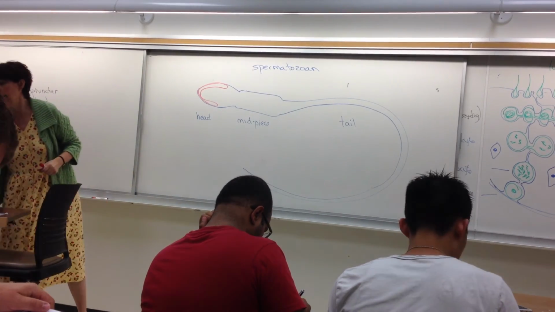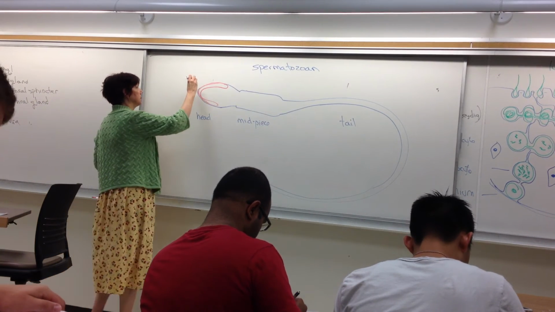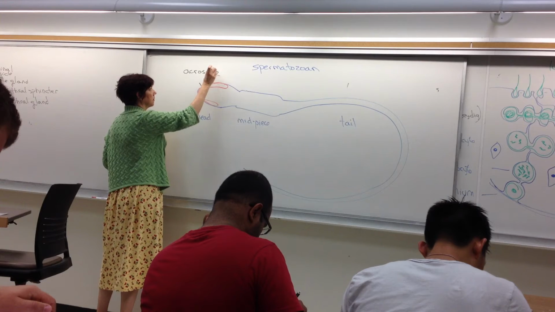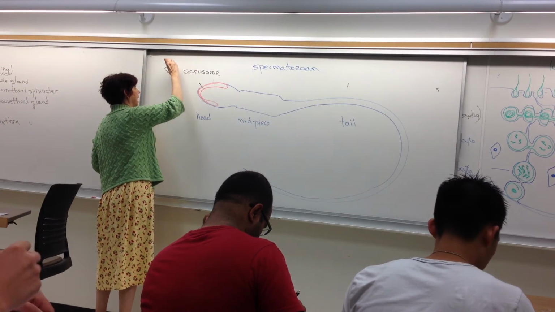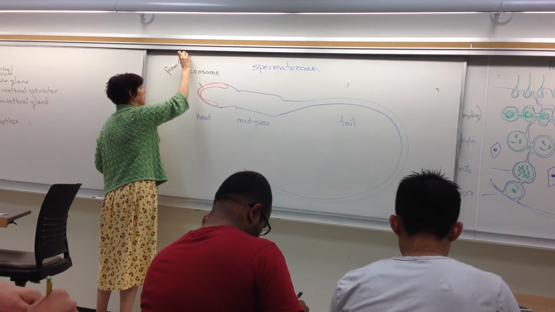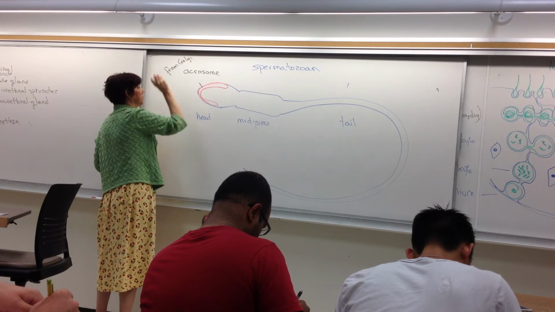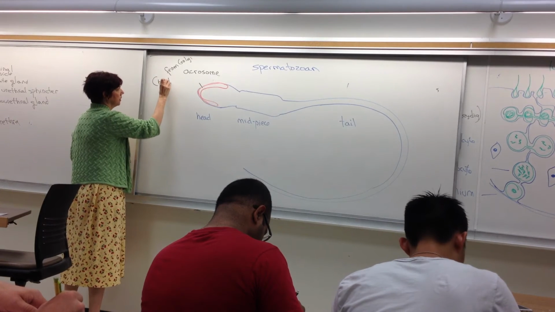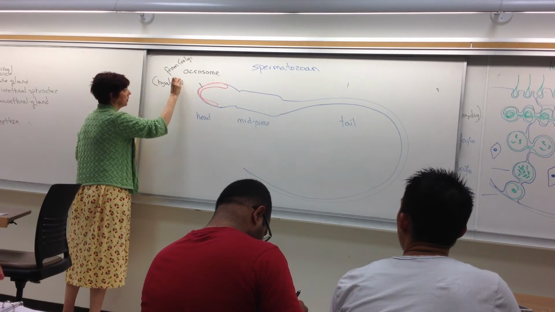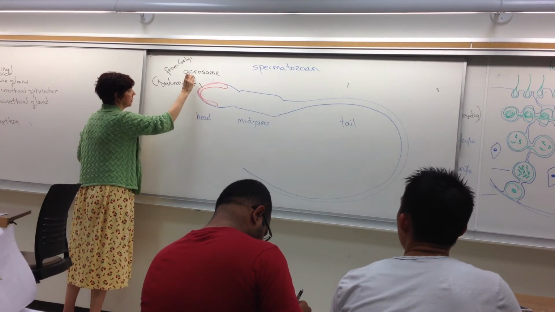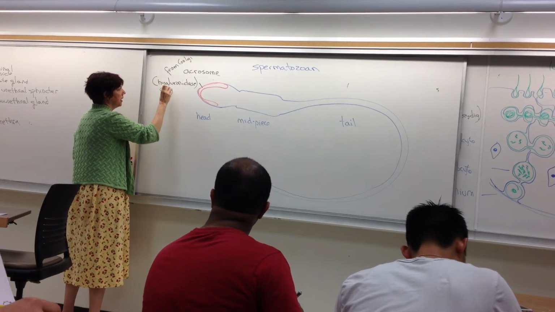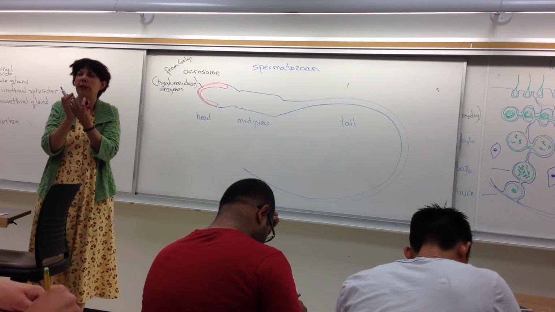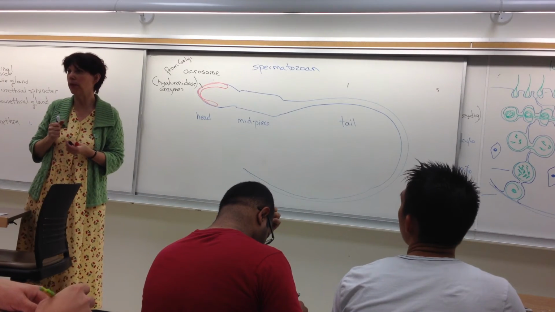And this is known as the acrosome, from a Golgi sac. And it contains enzymes which help the sperm digest their way through a protein covering around the egg when it's released from the ovary.